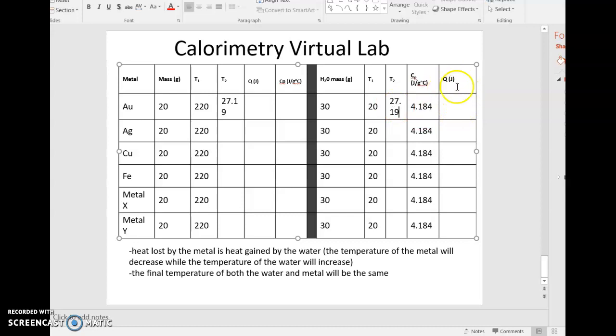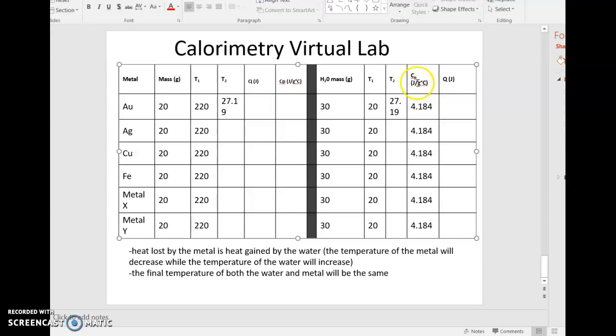So remember, the formula to calculate heat energy is the mass times the specific heat of the material times the change in temperature. So in this case, I have 30 grams. In this example, you're not going to have to change it to kilograms because the value of the specific heat that they're giving you is in joules per gram degree Celsius.